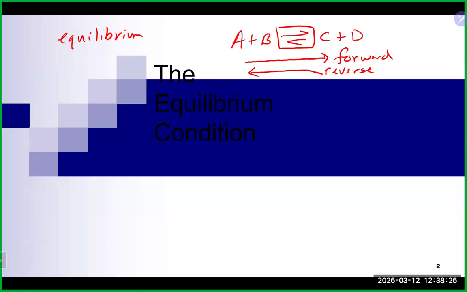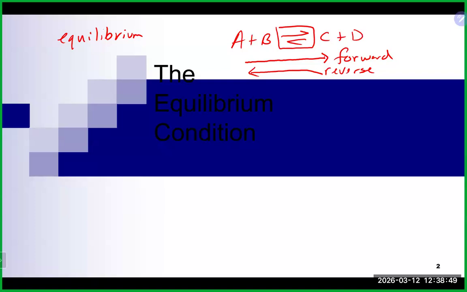And what does equilibrium mean? As I mentioned before, many people have a wrong idea of what we mean when it reaches chemical equilibrium. Many people hear the word equal in equilibrium and they think you have equal amounts of everybody on both sides of the arrow at that point. And that is absolutely not what equilibrium means.